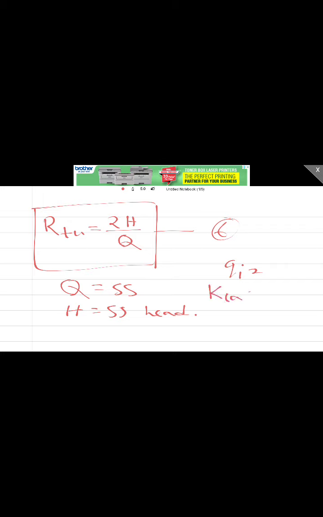K laminar is a constant and K turbulent is also a constant. Hope you have understood this. So this equation number 6 must be considered for turbulent flow and this equation number 2 may be considered for laminar flow.